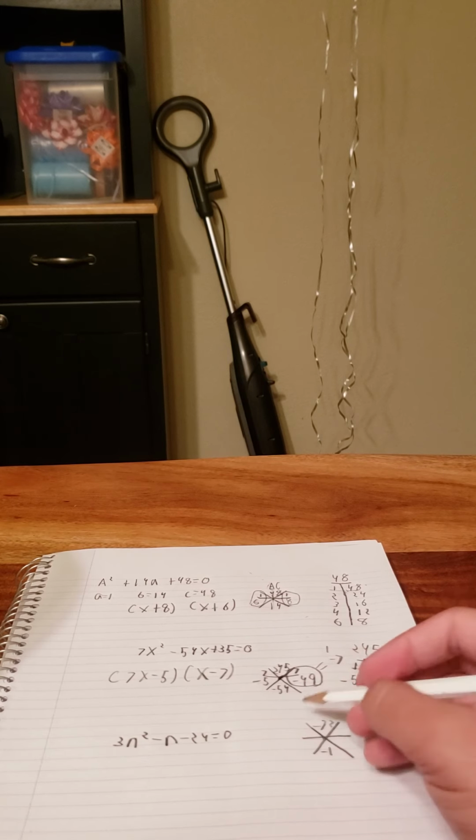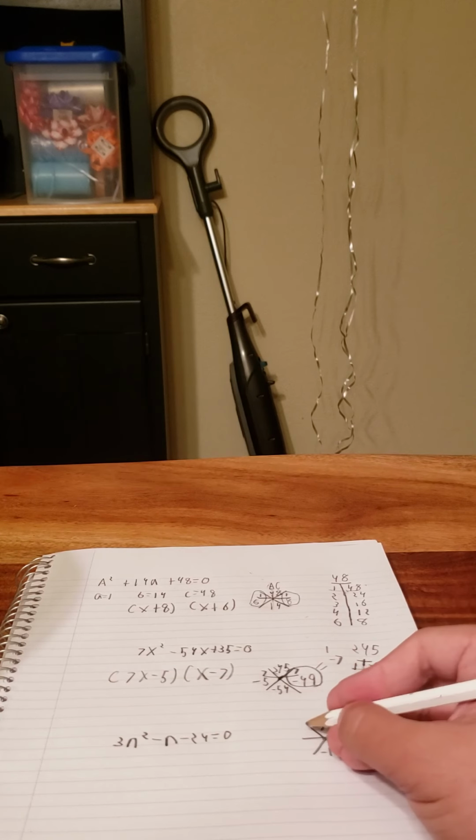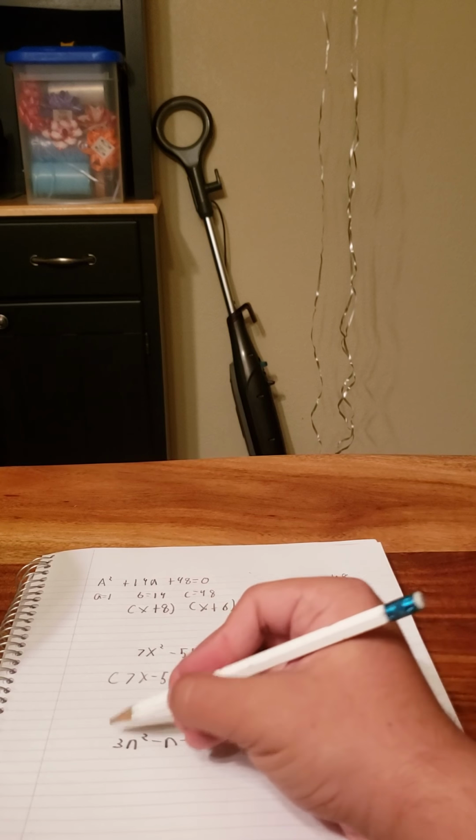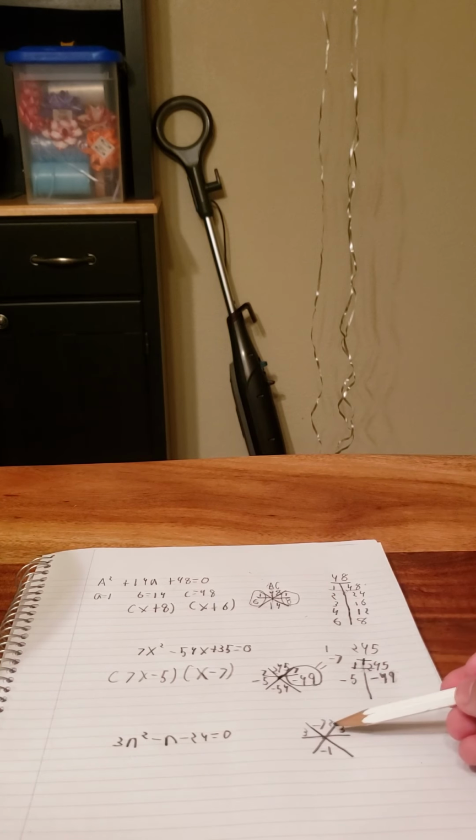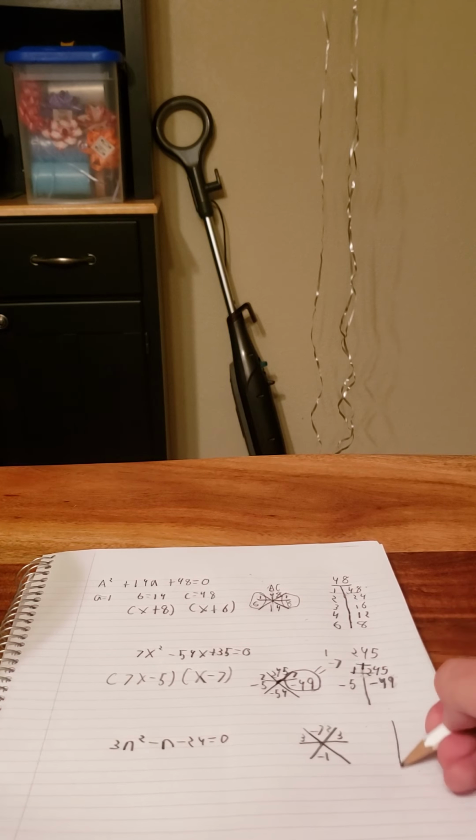So right here, this will equal a, which is 3. So basically, this is saying what two numbers multiply to negative 72 and add up to negative 1.